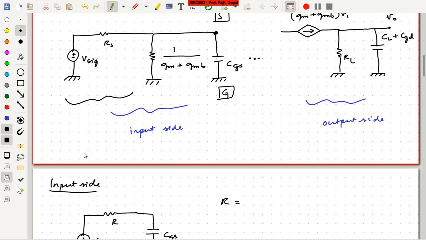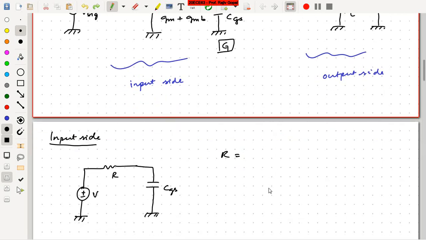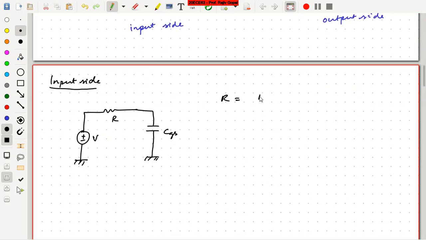Then V signal will become V signal into RS by 1 by gm plus gmb. Then you will see that RS and 1 by gm plus gmb form a parallel combination, right? So here I can write R as RS in parallel with 1 by gm plus gmb. How did I get this? Using Thevenin's theorem.